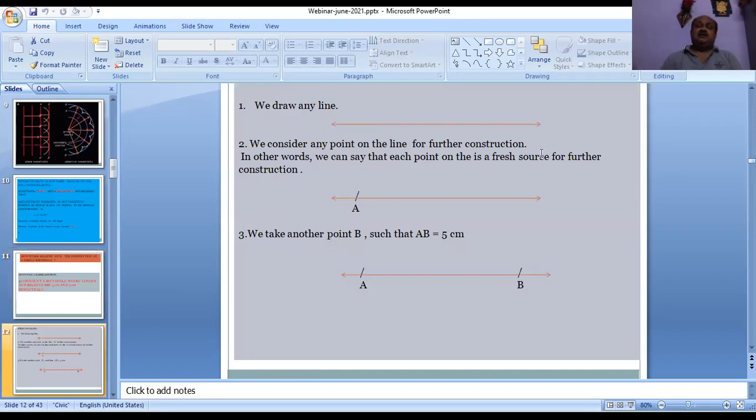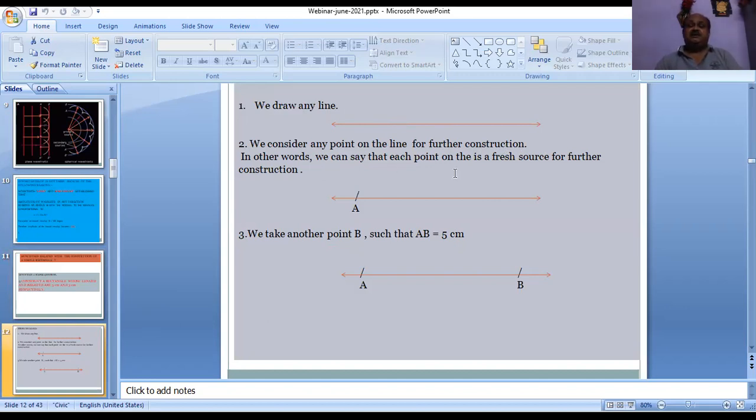As in the wavefront, we take the primary wavefront. We consider any point on the line for further construction. In Huygens construction also, we take certain points for further construction.